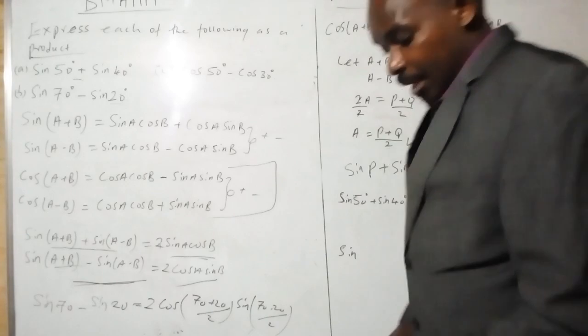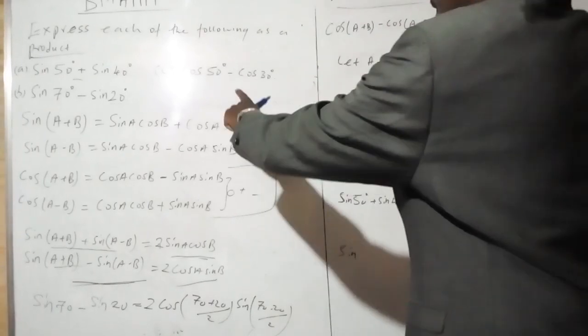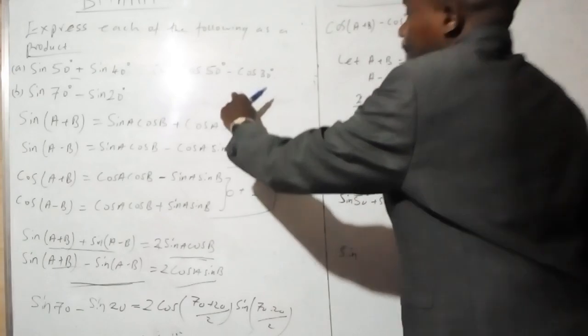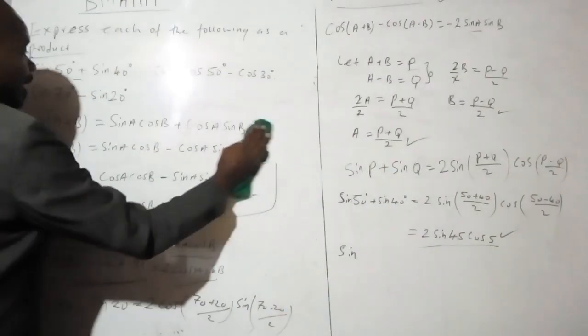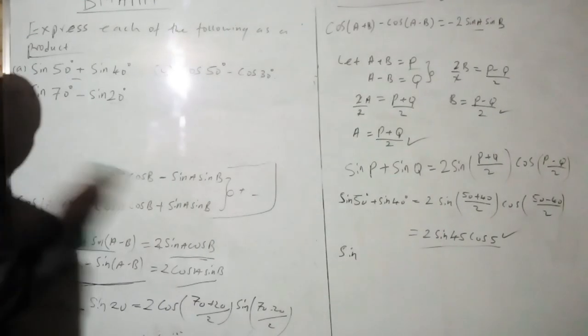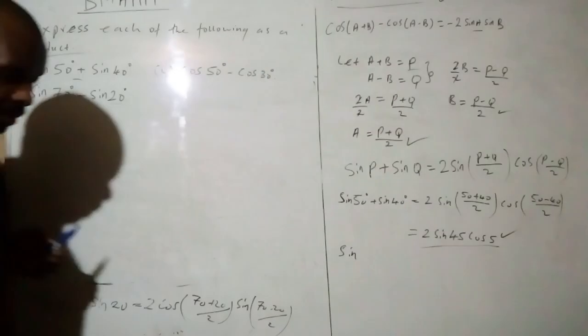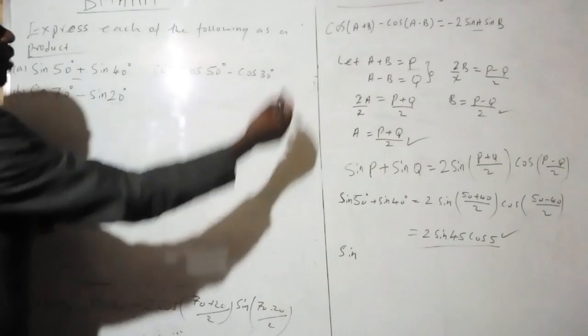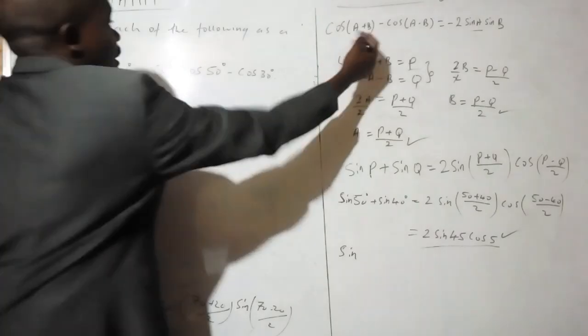And finally, for cosine, use this because here you have a negative.